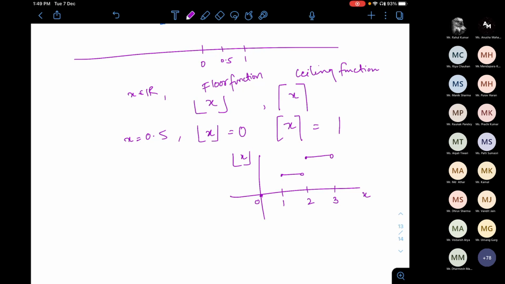The greatest integer less than or equal to the given number.